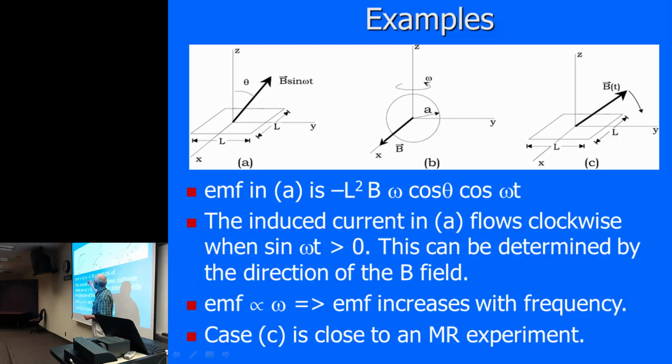You can see that the z component of this B field is parallel to the normal of the loop. This is a square loop, and the area is L squared. Then we do the inner product with the B field, but it has to be the z component of the B field, so that's B times cosine theta. That's my flux, and I also have the sine omega t component. And now you do the derivative.